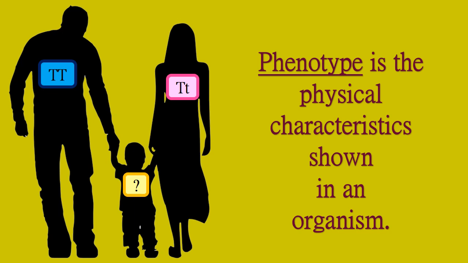Capital T is the dominant allele, meanwhile small t is the recessive allele. When dominant allele capital T is coupled with a small t, a recessive allele, then a dominant trait will be shown. So the mother is also tall.